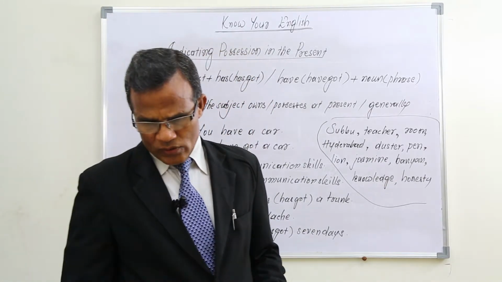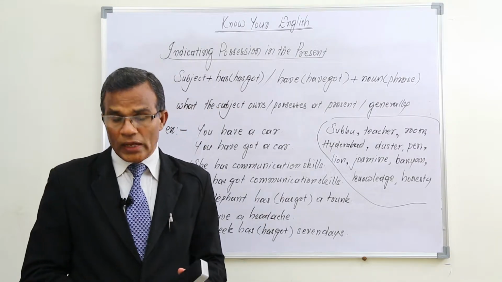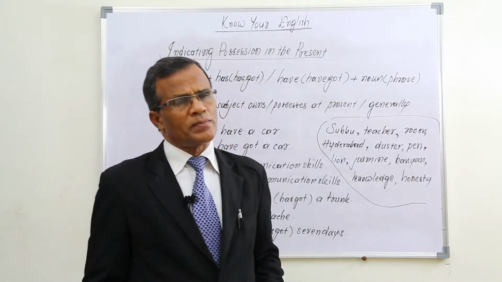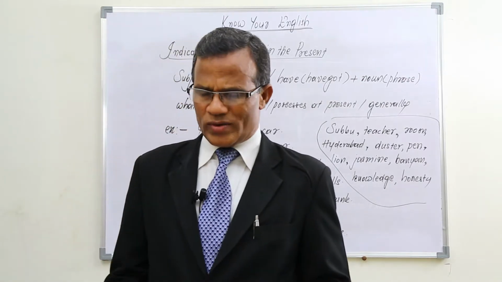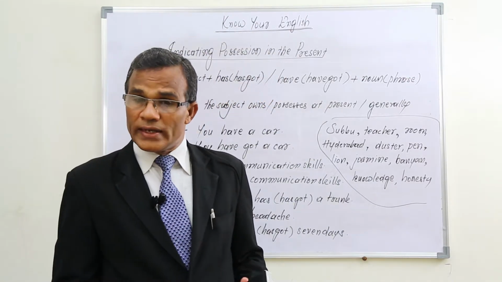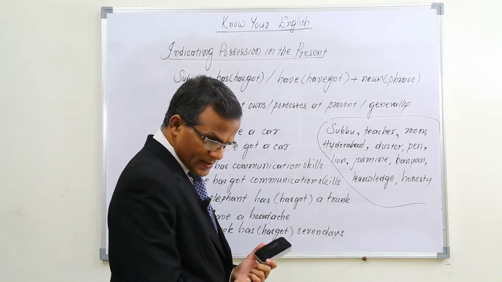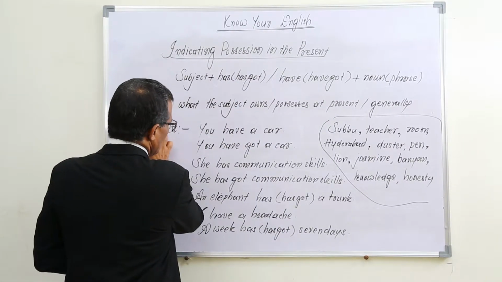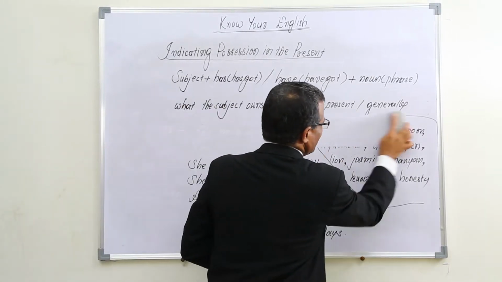Now, we are going to learn questions, how to frame yes or no type questions and WH questions positively and negatively. Now I want to explain in what way we frame questions.